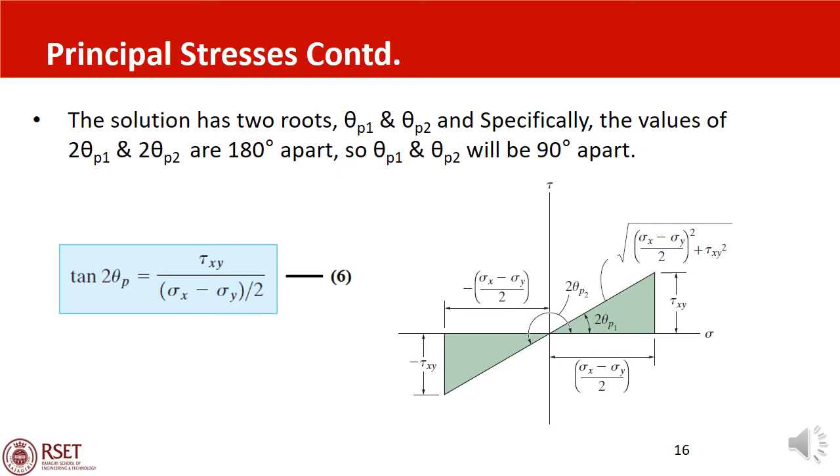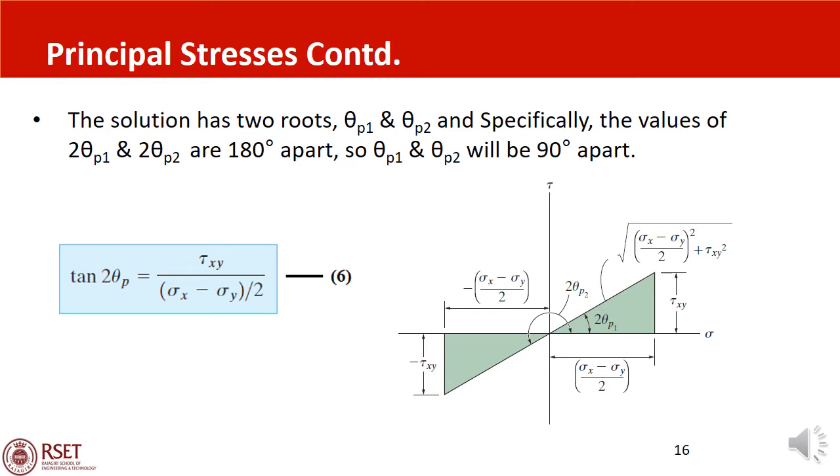The values of theta p1 and theta p2 must be substituted into equation 3 if you want to obtain the required maximum and minimum normal stress values. To do this, we can obtain the necessary sine and cosine of 2 theta p1 and 2 theta p2 from the shaded triangles as shown in the diagram.